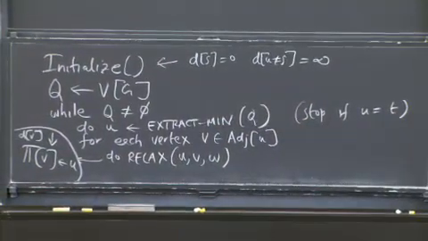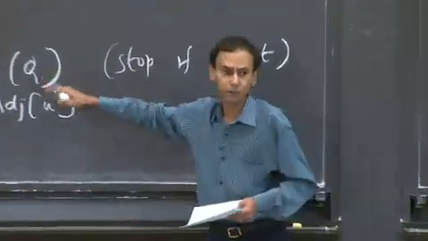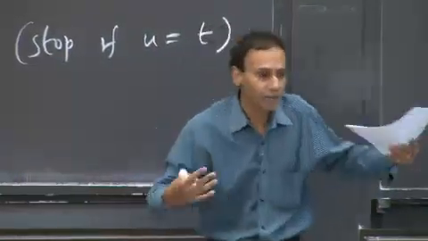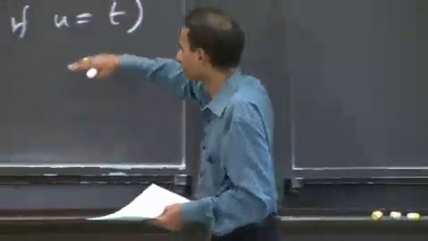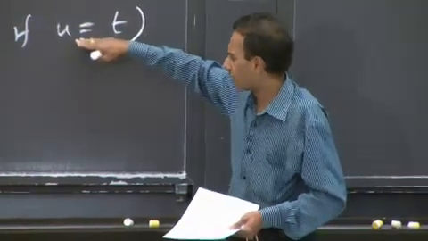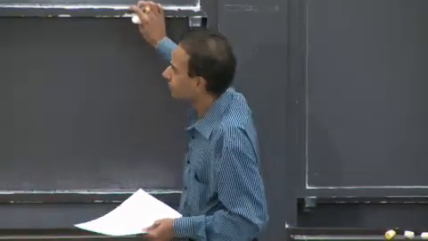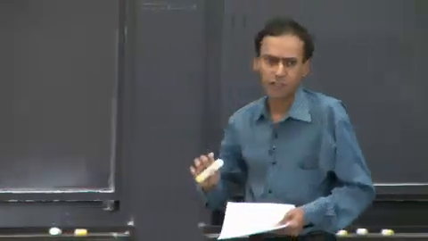You stop when you've lifted off the t vertex from Q. Obviously this will run faster, assuming this check is a zero-time check, and that's really one instruction. You will run faster for sure when you have a specific target. It may be the case that your target is the last vertex that you find, and in that case, you run no slower. So that's something that you've looked at.